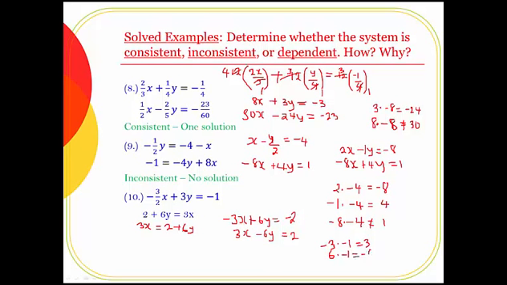And what will you do to negative 2 to give you 2? When you multiply by negative 1 again, you have 2. So you are saying the same thing. And because you're saying the same thing, it is dependent. Infinitely many solutions. So that is checking for relationships.